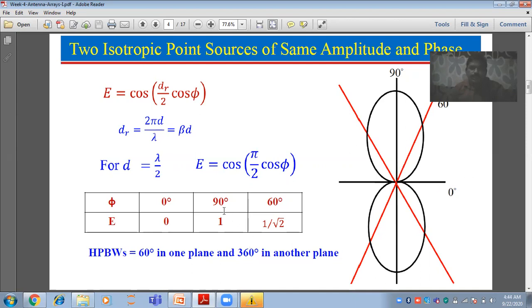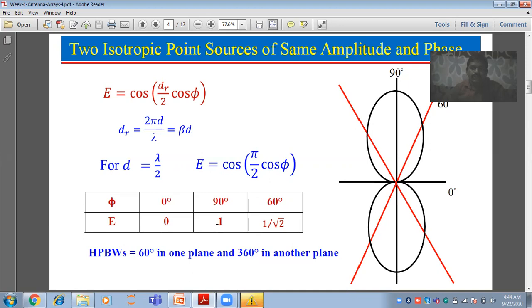Similarly, you take another value of phi, phi equal to 90 degrees. Cos 90 is 0, so 0 into pi by 2 is 0, and cos 0 equal to 1. So we are getting the field value as maximum, since cosine has its maximum value as 1.